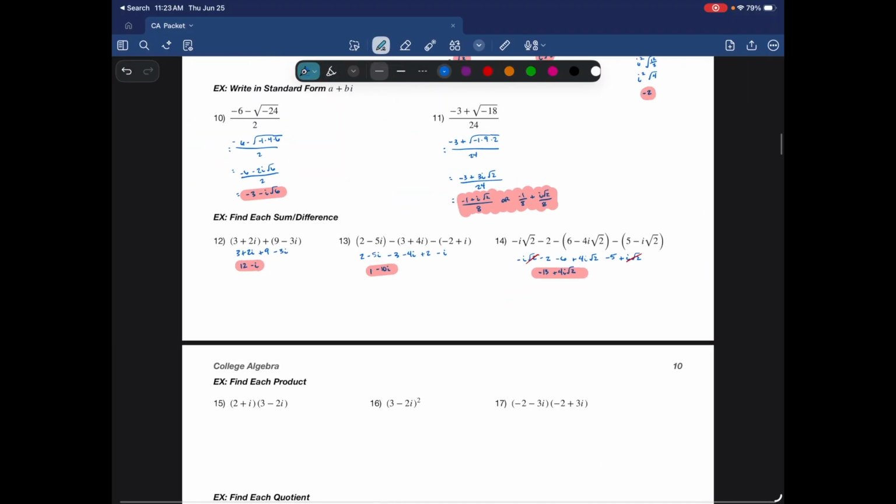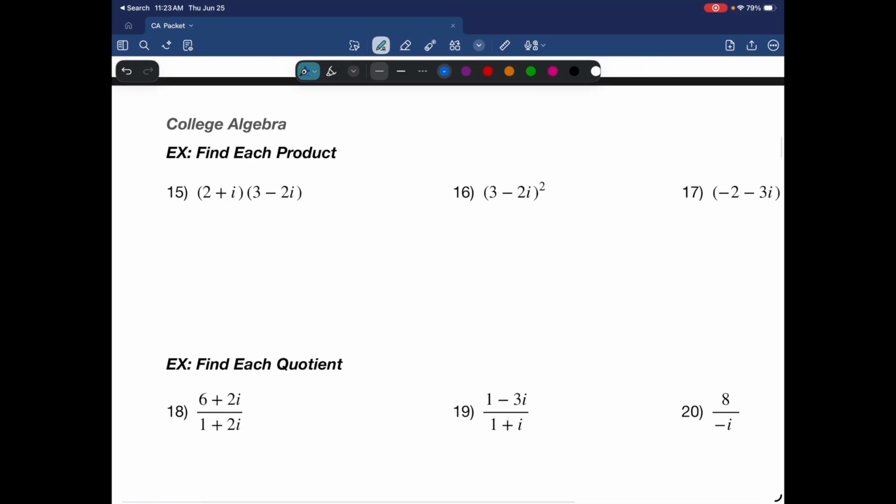All right, products. So we distribute the first term, come back and get the second term, distribute it, and combine like terms. So I got 2 times 3 is 6. 2 times negative 2i is negative 4i. i times 3 is 3i.